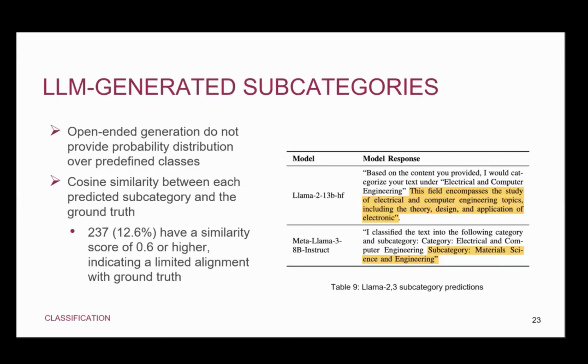So we used a cosine similarity between the ground truth and the generated results because it's an open-ended generation. We wanted to see if there is semantic similarity. We did see that only 12.6% of the results had a similarity score of 0.6 or higher, indicating that there was limited alignment with the ground truth.